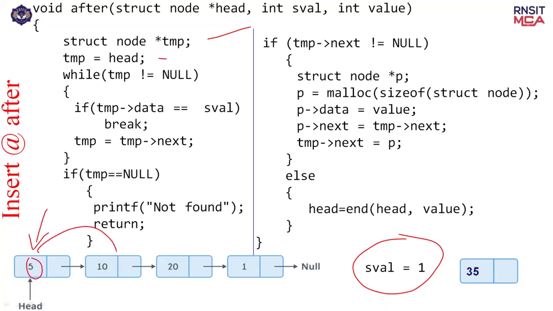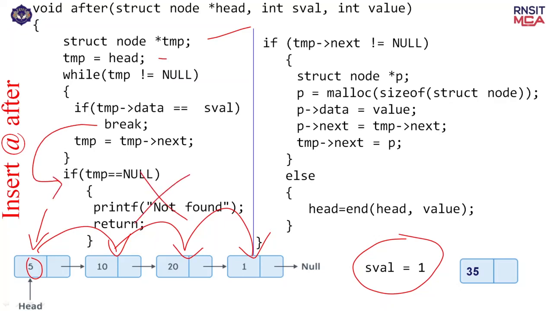No, it will move. Is 10 equal to 1? No. Is 20 equal to 1? No. Is 1 equal to 1? Yes. When 1 is equal to 1, then it should stop. Now it breaks and comes here. Whether temp is equal to null? No, temp is not null.